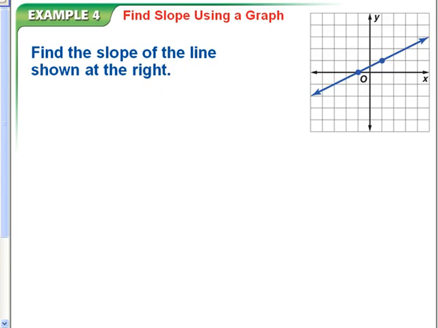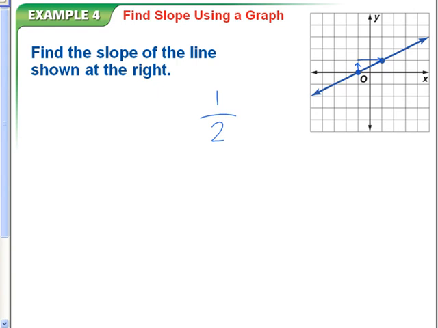Okay, so let's talk a little bit more generically. How would we find the slope if we have a graph? Well, we've got 2 points on this graph, and what we can do is find slope by doing rise over run. So we first look at how much does it go up. Goes up 1. And how much does it go over? It went over 2. So our slope is 1/2.